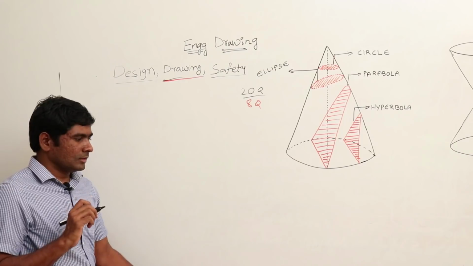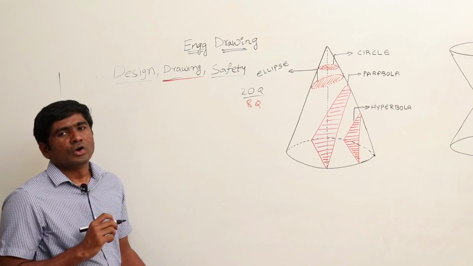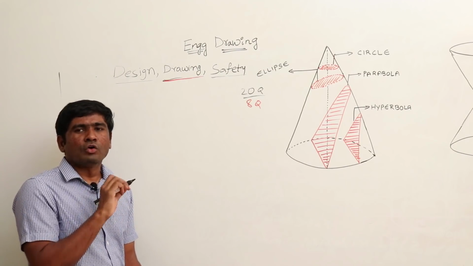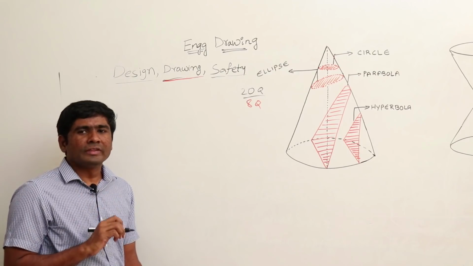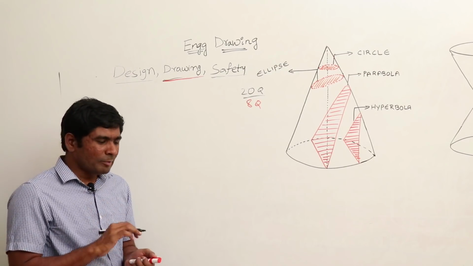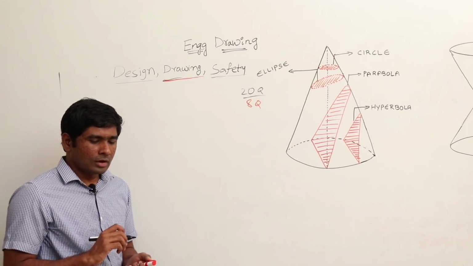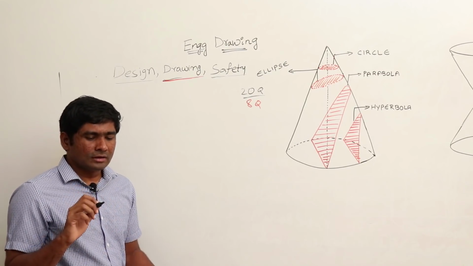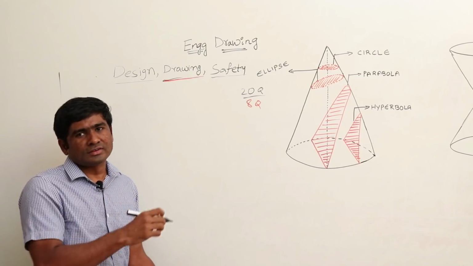In this session we will see how to draw different curves, and their properties and applications. Apart from these, I would like to deal with how these questions can be asked in the exams.